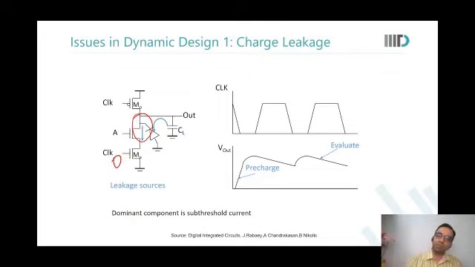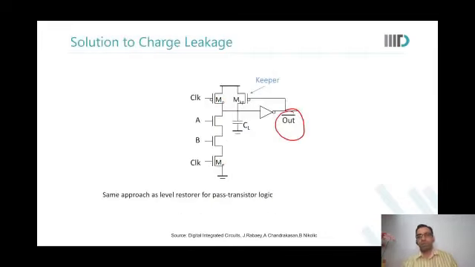CK is also 0. See, when this device is fully on, then anyway there is something that will provide charge to this node. I don't have a problem, na? Whatever leakage happens, it will follow this path, not this path. Okay, sir. Are you able to see that?